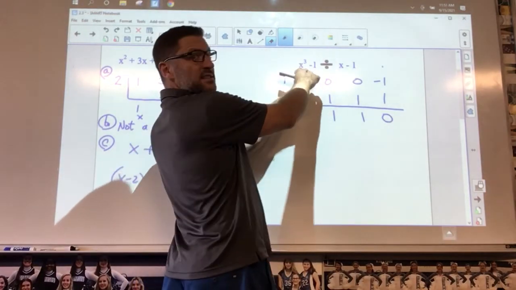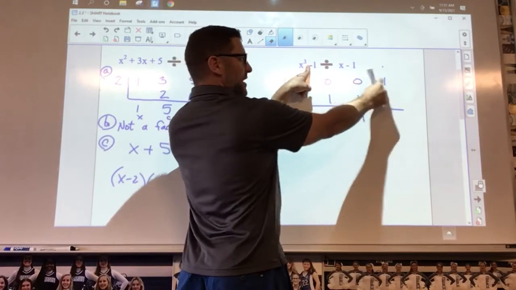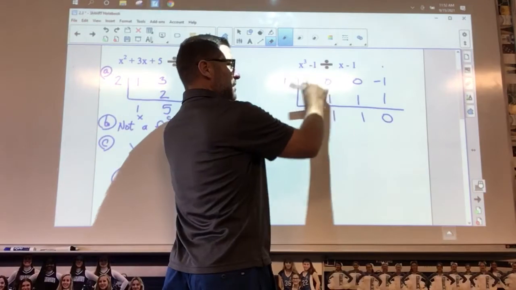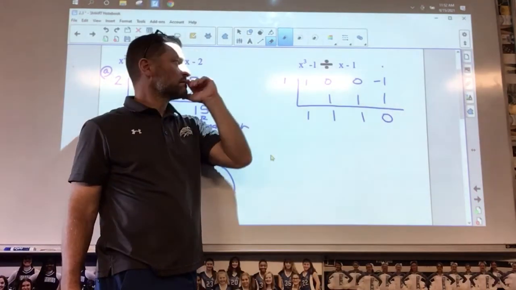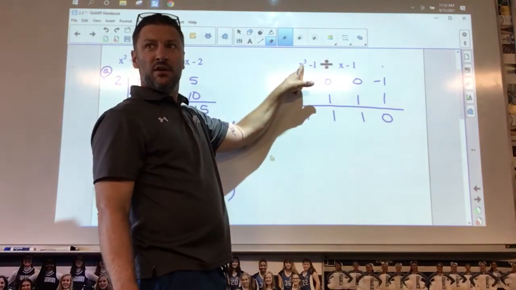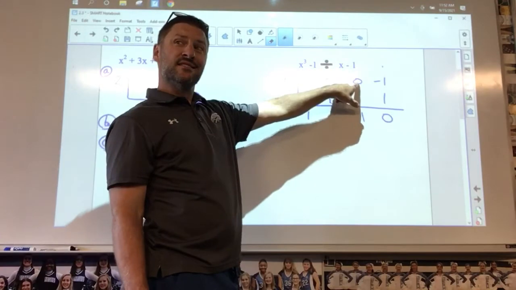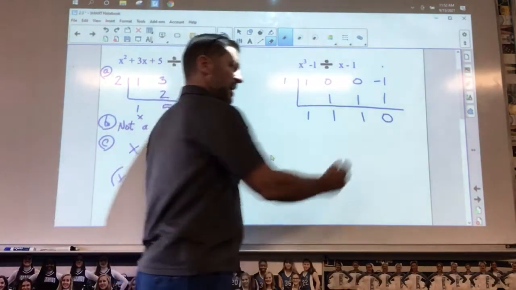So 1x cubed, 0x squared, 0 x's, and negative 1 is the constant. Where would the third 0 come from? Everything follows my 1x cubed, 0x squared, 0 x's, and the constant. Got it?